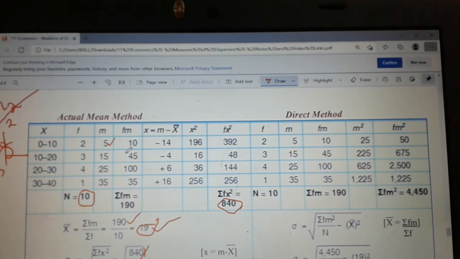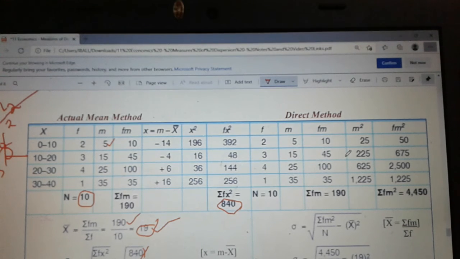Then find fm, and m square, the mid value squared: 5 squared is 25, 15 squared is 225, 25 squared is 625, and 35 squared is 1225. Then fm square, frequency into m square: 25 into 2 is 50, 3 into 225 is 675, 4 into 625 is 2500, and 1 into 1225.